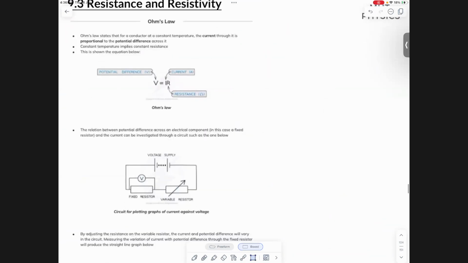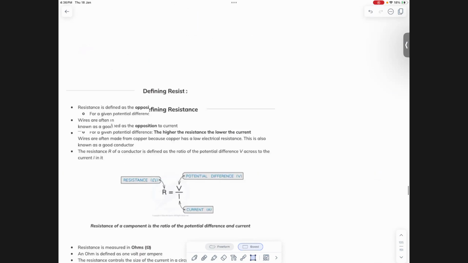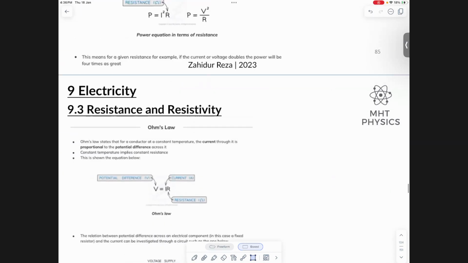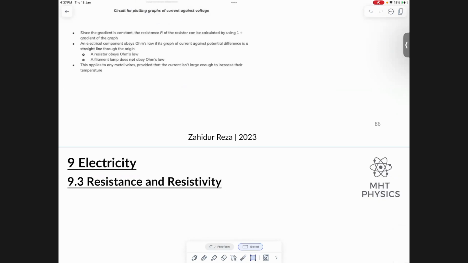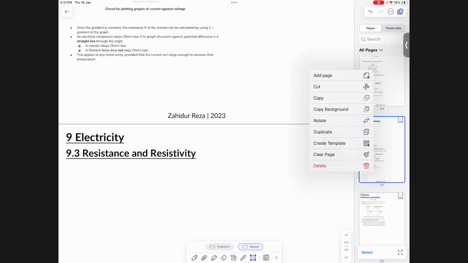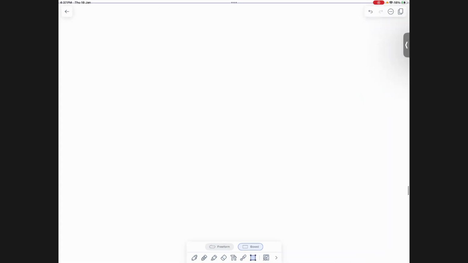Can you go to page number 86, the blank page next to it? So we'll be doing everything related to resistance.